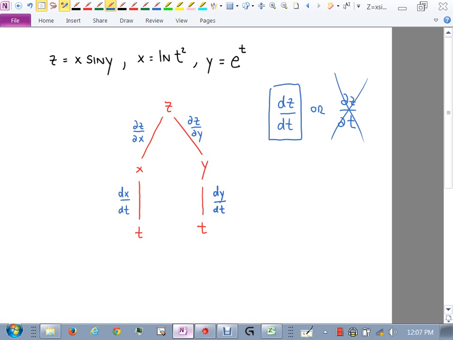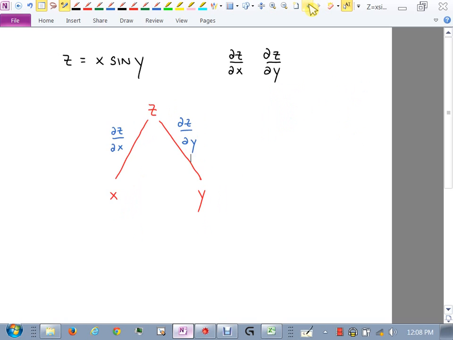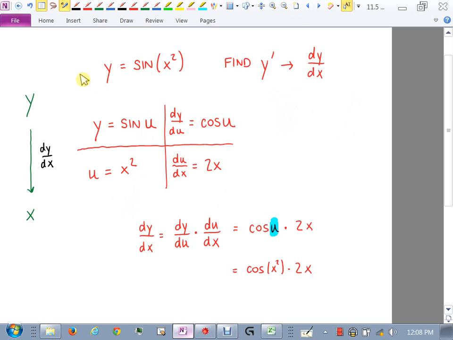Now, we should only get one answer, right? There's only one derivative possible. We already said that. So how is it connected to this? What do you think it is? I'll go back here again and remind you what happened here. When we wanted straight down, all we did was multiply those together. So when we're going down branches of the tree, we multiply what's there.